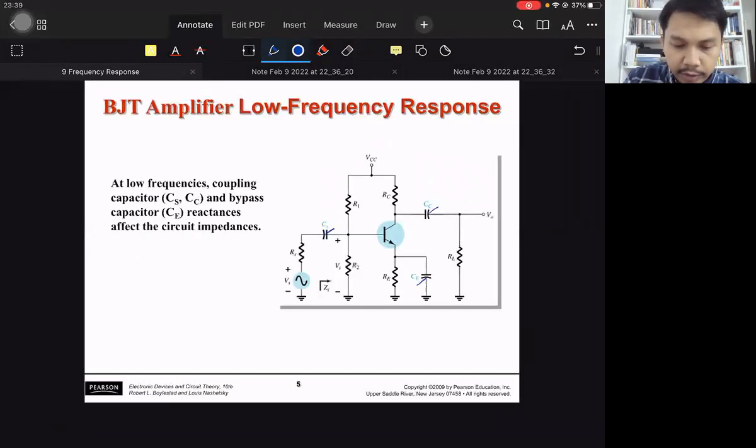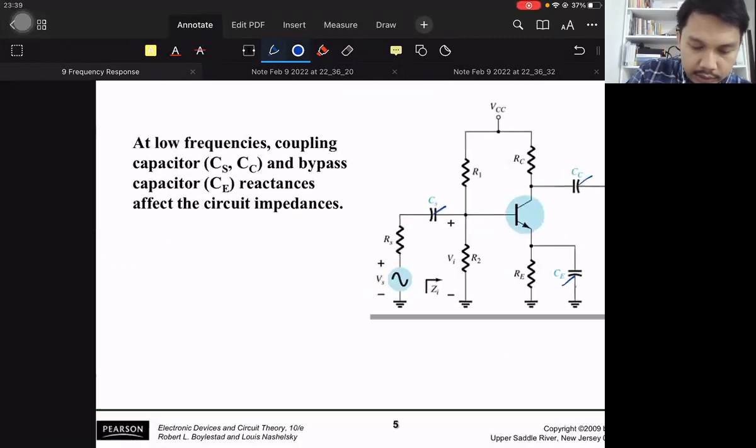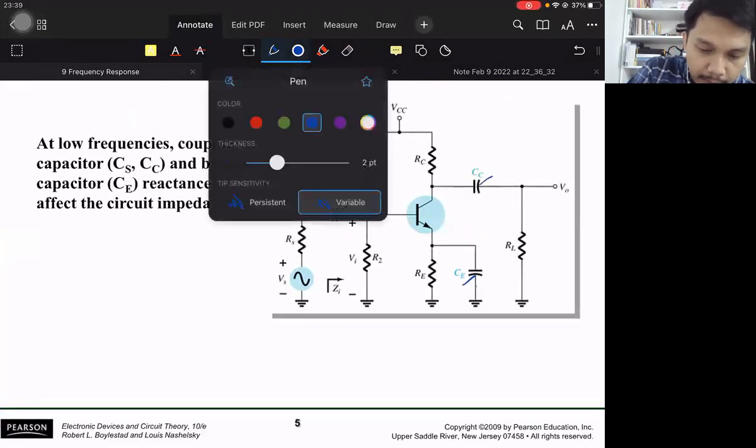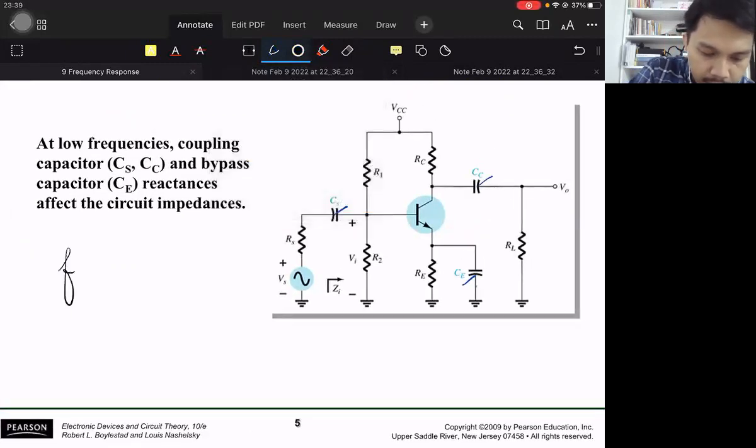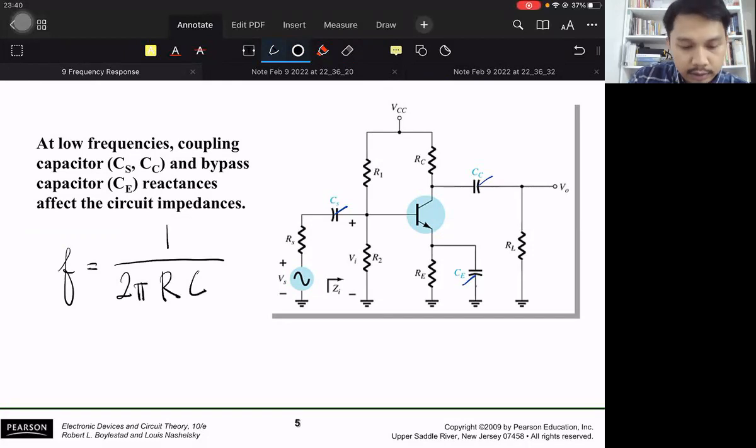So the general formula to measure the cutoff frequency, okay, is F is equal to, I think na cover na to ninyo sa other subject like sa circuits 2, 1/2 pi RC. So this general formula will be useful to us.